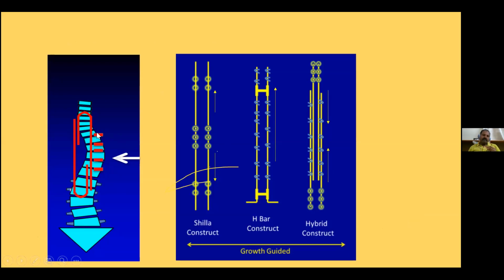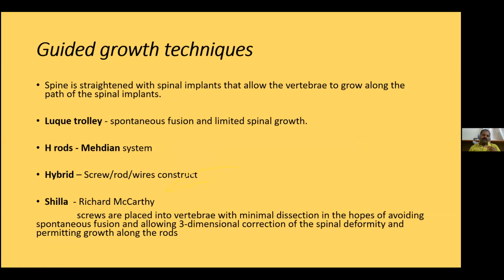What he did was, on the convex side, he arrested the growth by doing epiphysiodesis, that is fusion of the end plates, and then he used wires to hold the spine. It doesn't work sometimes because it causes a tethering effect after some time, because you fuse a long segment, and then there's not much growth afterwards. So that was discontinued after a while.